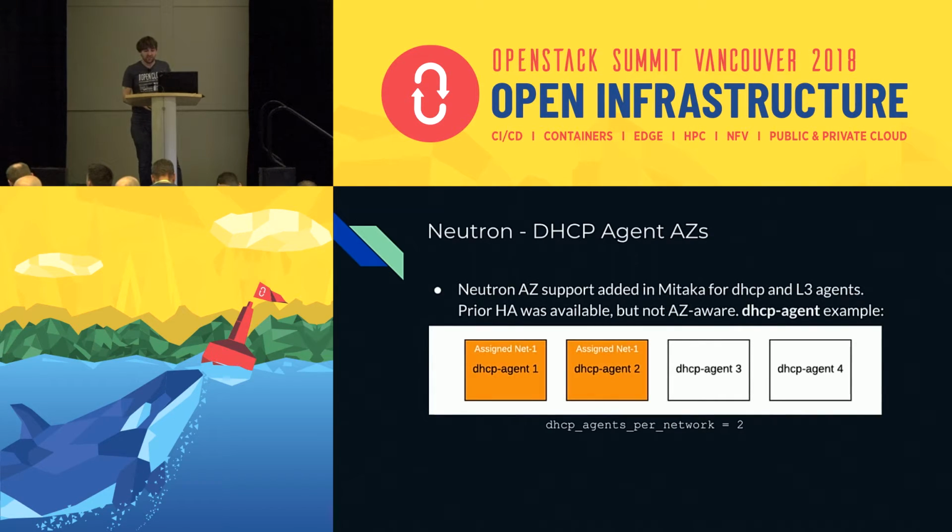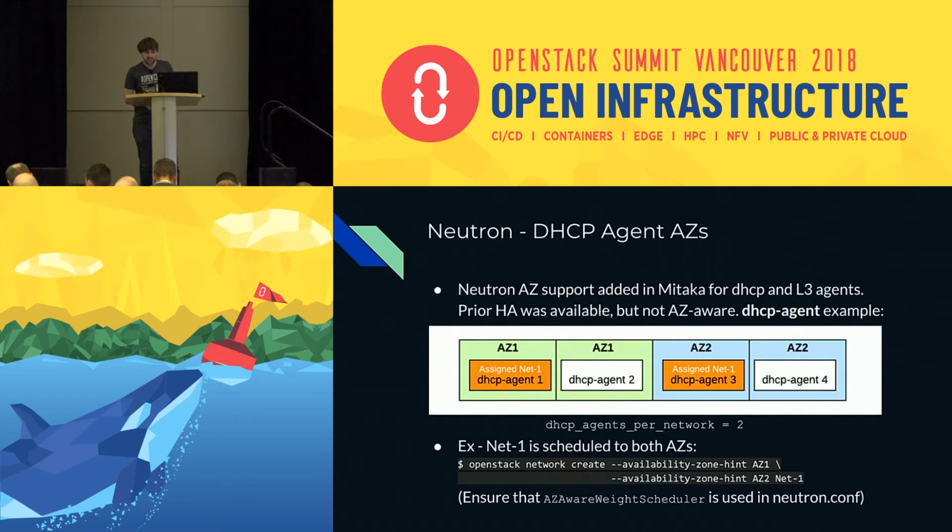So previously, if we had 4 DHCP agents and they're configured to host tenant networks on 2 of them, then the network could be hosted on any two agents which were available. But these agents could have been in the same failure domain, so now after you update your Neutron server configs to use the AZ aware scheduler driver, Neutron will try to schedule with AZ diversity.